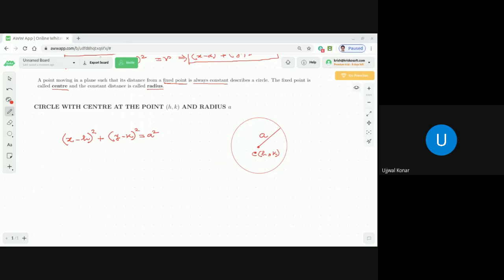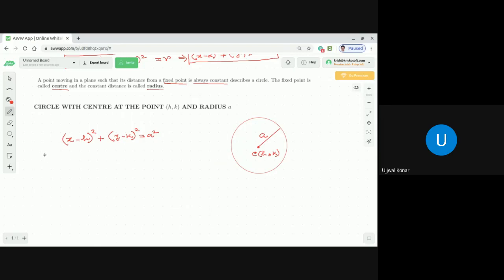Correct, dear students? Now, if we move the center from the point h comma k to 0 comma 0, that means we make the center at the origin, then what will be the equation of the circle?